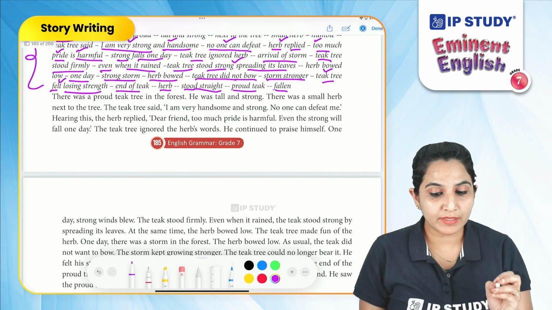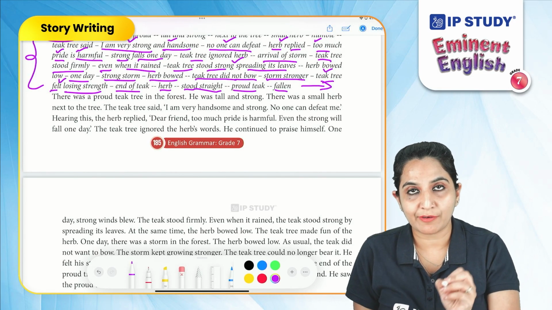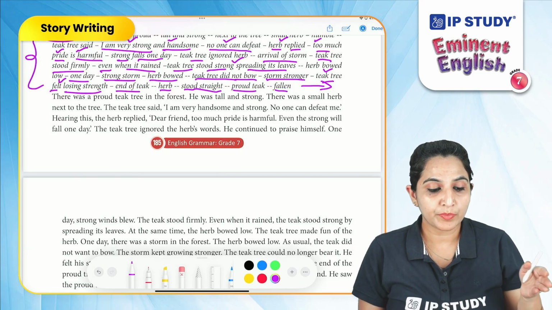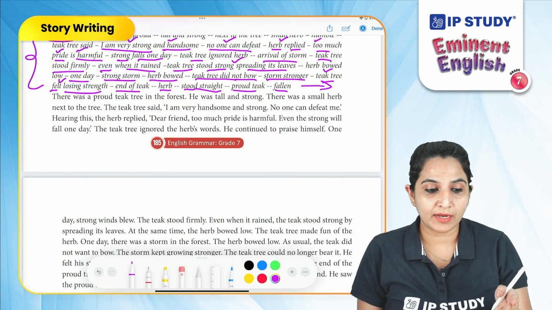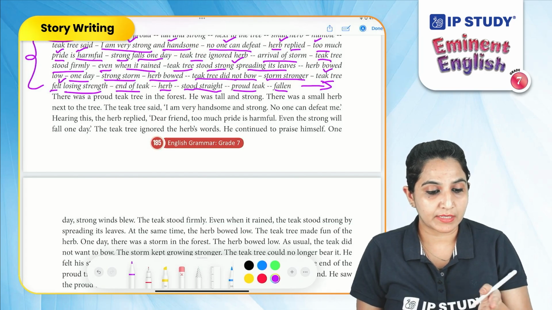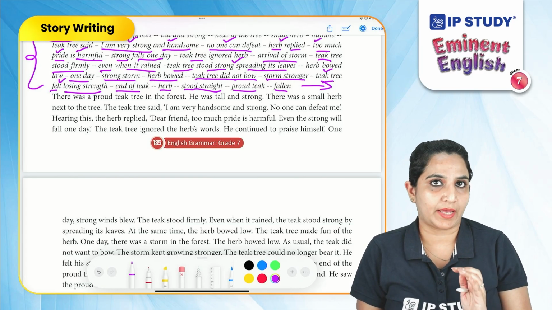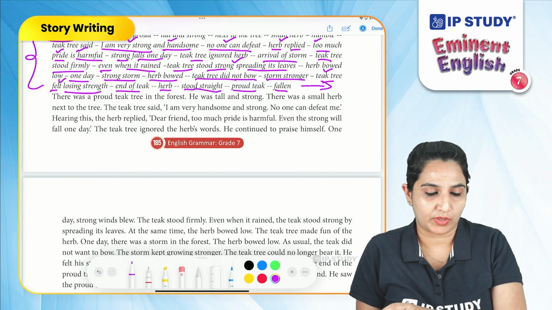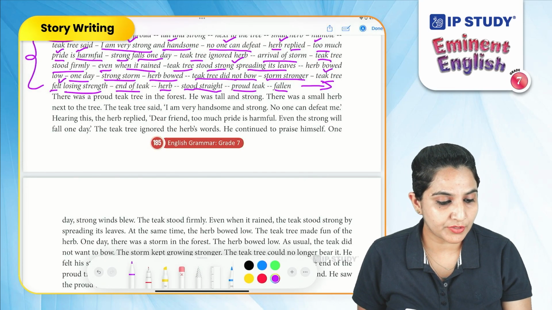So you got the main idea of the story after reading the outline, which is that too much pride is harmful, and we got an idea what kind of characters we need to include in the story. A teak tree and a herb. These are two characters. What is the situation? The storm is arriving. So let us read the story now.